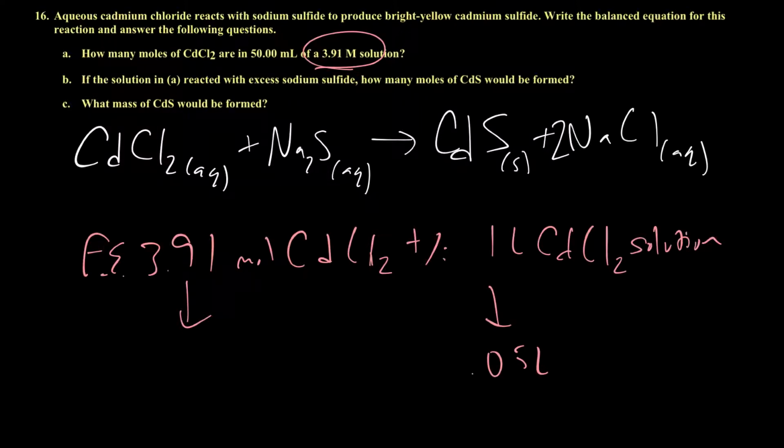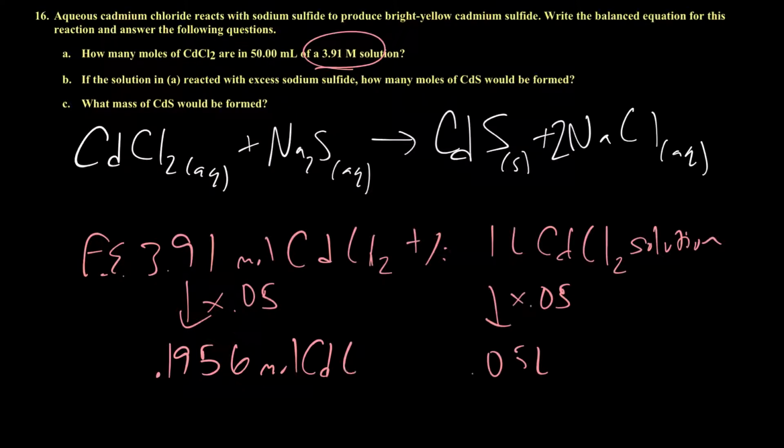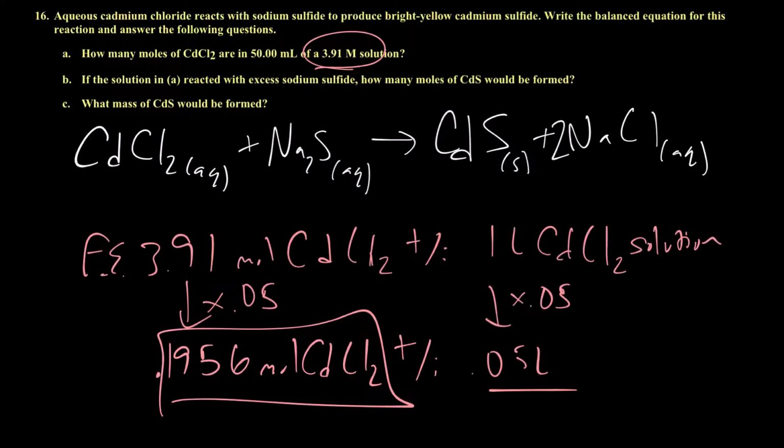So times 0.05, that would be pretty close to 0.2. So it's 0.19, about 5, 6-ish moles of CdCl2. So there's our final answer.